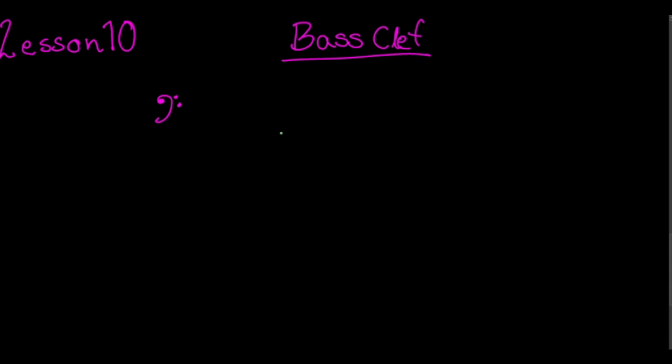What I mean by that is, when we use the bass clef, the lines and spaces in the staff are relatively low pitches, and when I use the treble clef, those lines and spaces are relatively high pitches. Now, if you don't properly understand this, I do encourage you to go watch that video because I cover that in detail there.